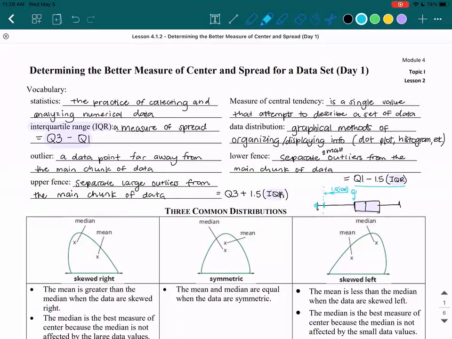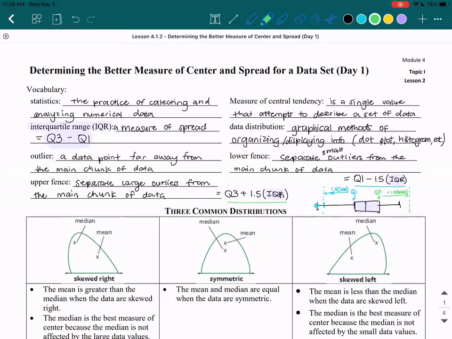So then this point would be an outlier. And for your upper fence, let's just say it's Q3 plus 1.5 times IQR. This is your Q3. So you're just going to add 1.5 times the IQR to this, and then it's going to be here. That's your upper fence. And then, oh, look, there's nothing outside of it. Then there's no outliers. So that's just a quick example.